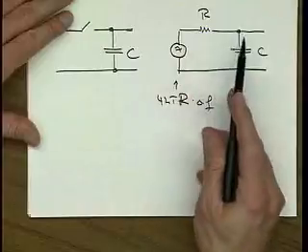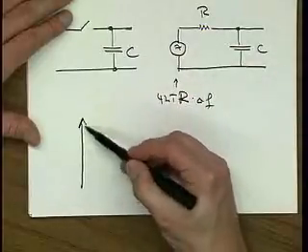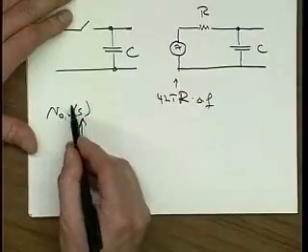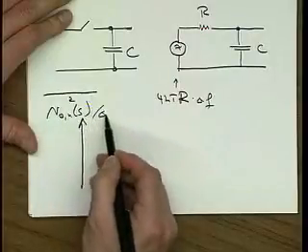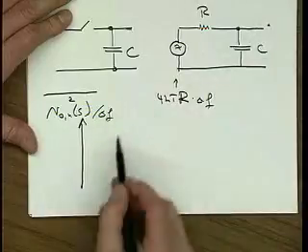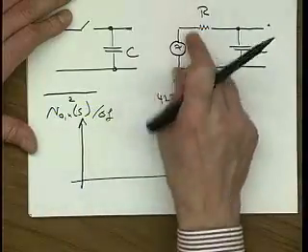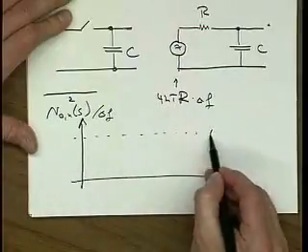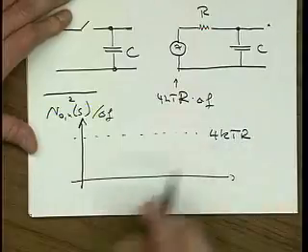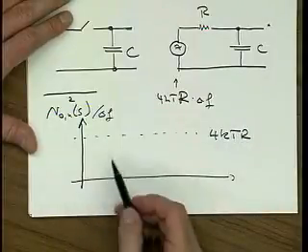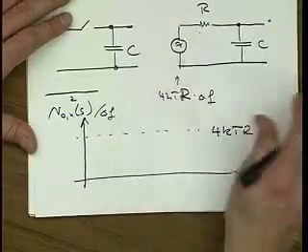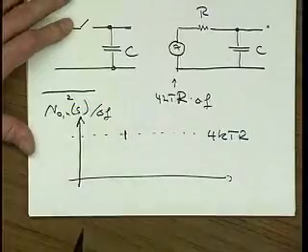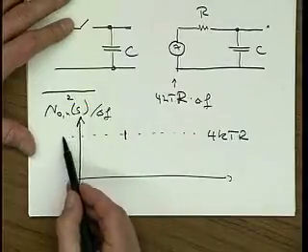So that's the noise here. While the switch is closed, the noise VON of S over delta F, that's the noise appearing here, is going to be the noise that appears there, 4 KTR divided by delta F. And then that noise is going to be filtered by this low-pass filter that has a time constant, let's say here, the 3 dB frequency.